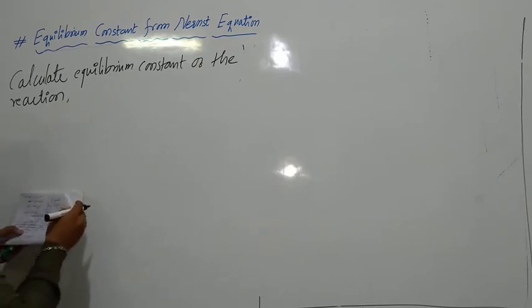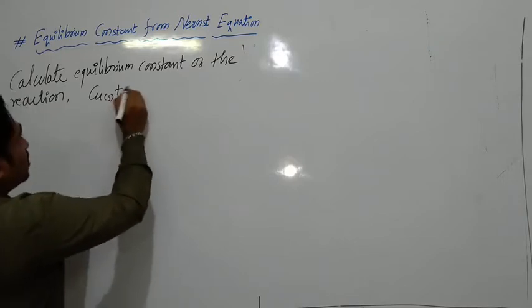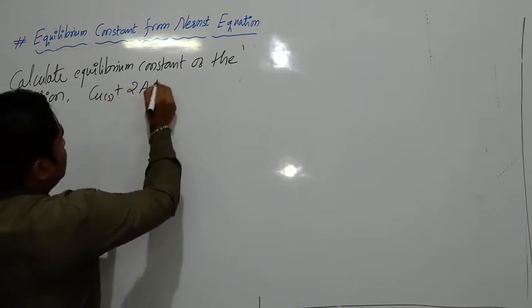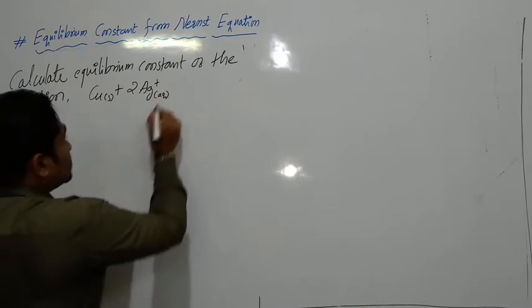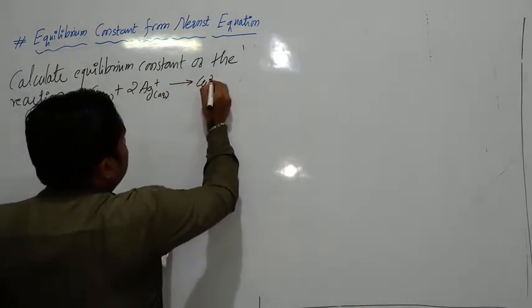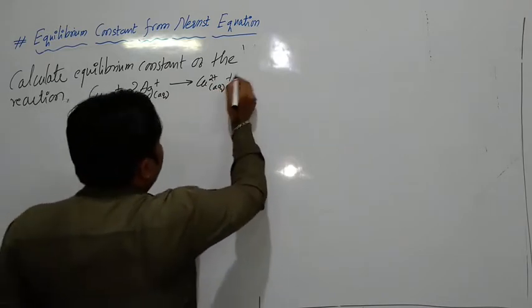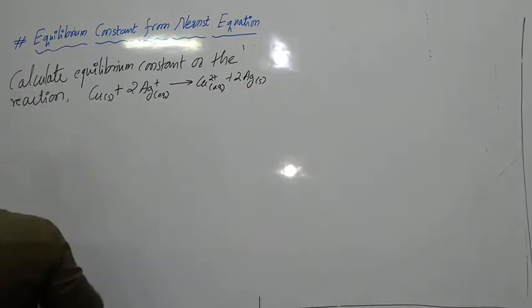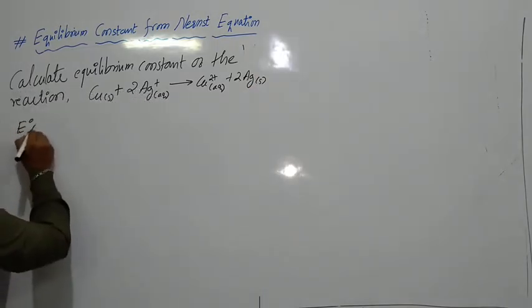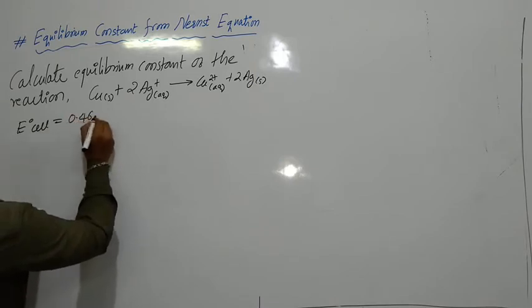They have given the chemical reaction Cu plus 2Ag+ in the aqueous form gives Cu2+ plus 2Ag. They have given E0 cell is equal to 0.46 volt.